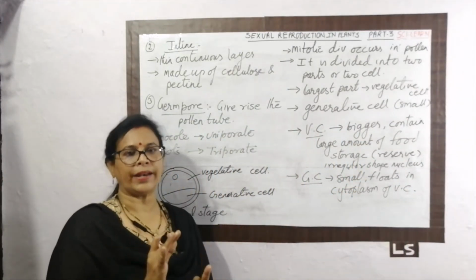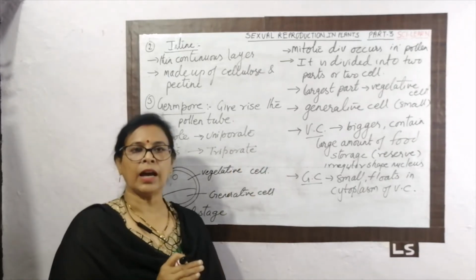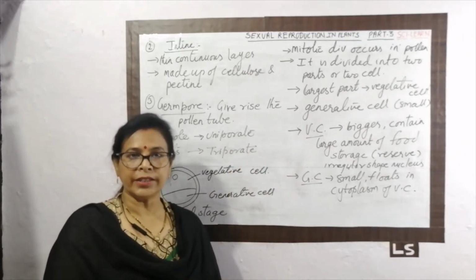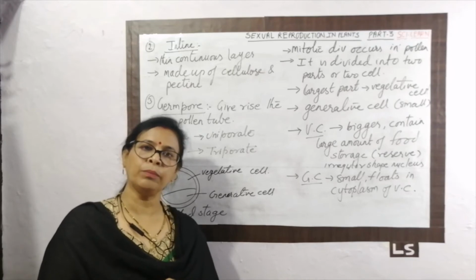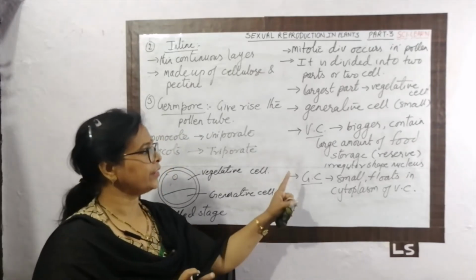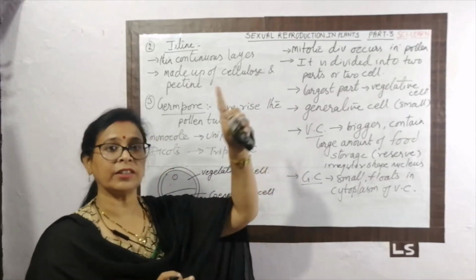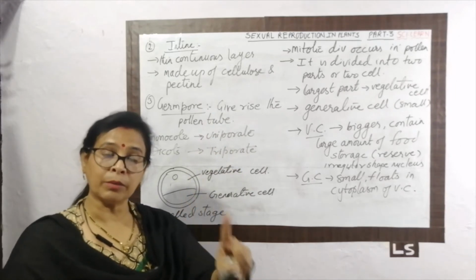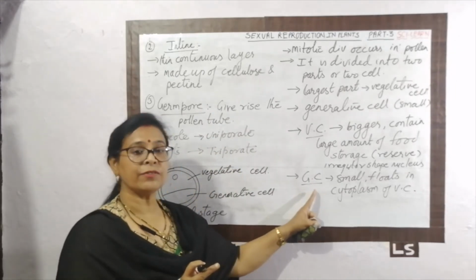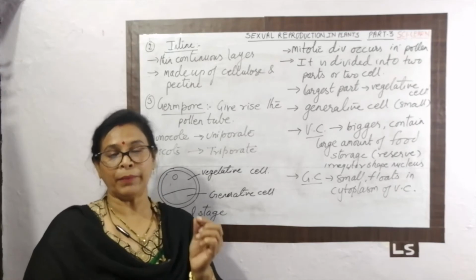So that is the peculiarity of the vegetative cell and the generative cell. The vegetative cell further forms the pollen tube, and the generative cell further divides to form the male gametes.